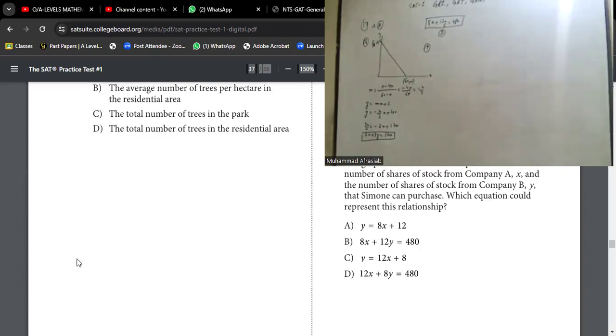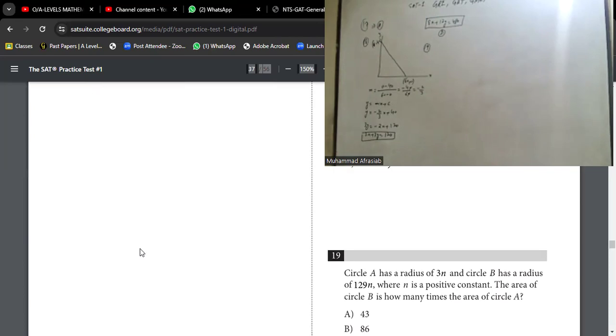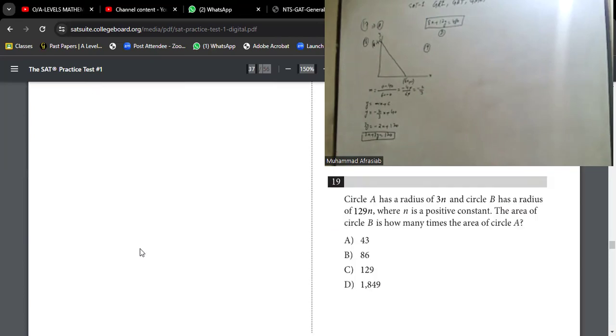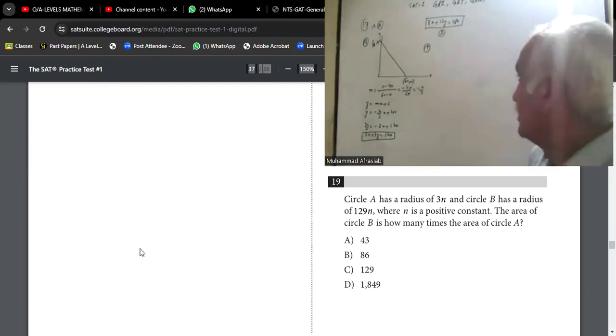Now question number 19. Circle A has a radius of 3n and circle B has a radius of 129n, where n represents a positive constant. The area of B is how many times the area of A? So there are two circles.